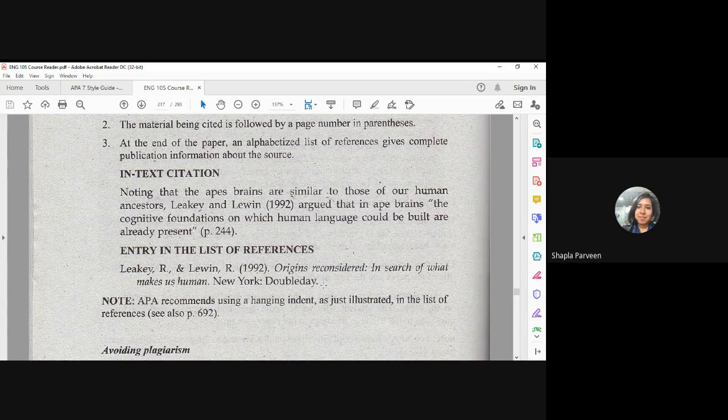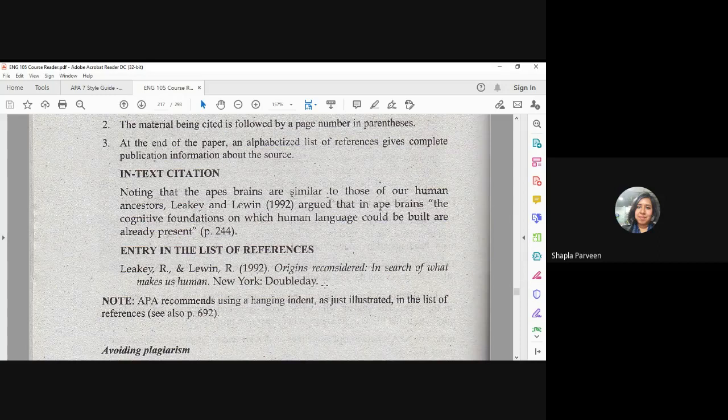So you can see the difference between in-text citation and the reference list. In-text citation is very simple: last name of the author or authors, followed by your publication, page number. But in the reference list, page numbers for books are not required, but you do have to provide page numbers of journal articles and magazine articles.